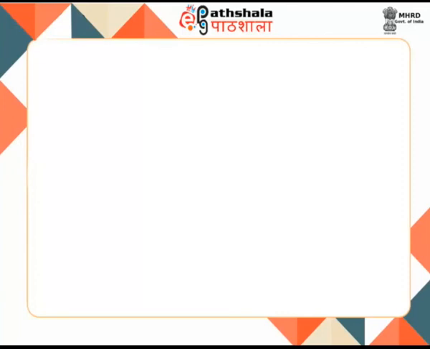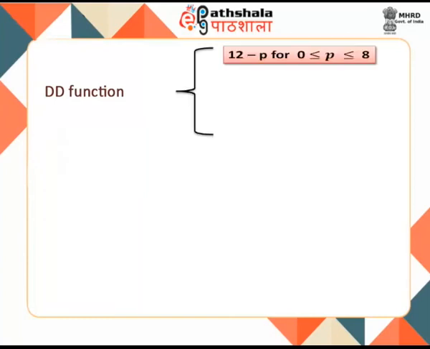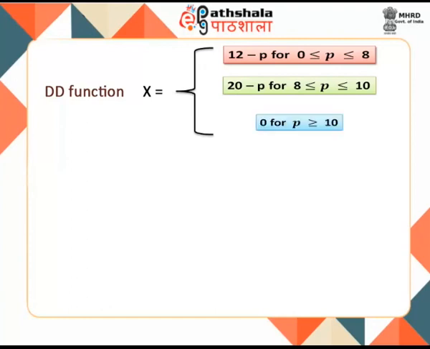Let's now discuss how we can apply the concept of continuity in economics. Suppose a firm faces the following demand function for its output: x is equal to 12 minus p for 0 less than or equal to p less than or equal to 8, x is equal to 20 minus p for 8 less than or equal to p less than or equal to 10, and zero for p greater than or equal to 10.